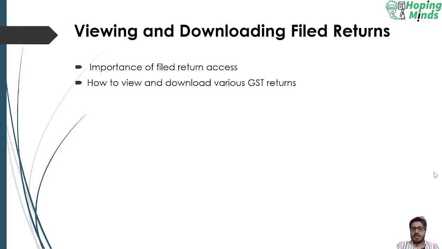So ITC 04 captures the movement of goods sent for job work, then it also captures the goods received back from job workers and also goods movement from one job worker to another job worker.